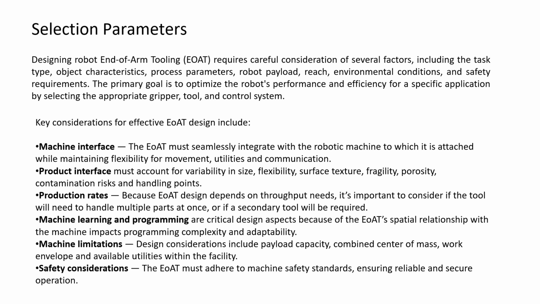So what are the key considerations? First is the machine interface. The end of arm tooling must seamlessly integrate with the robotic machine to which it is attached while maintaining the flexibility of movement. Whenever we attach some end of arm tooling, it should not hamper the flexibility or interfere with the movements.